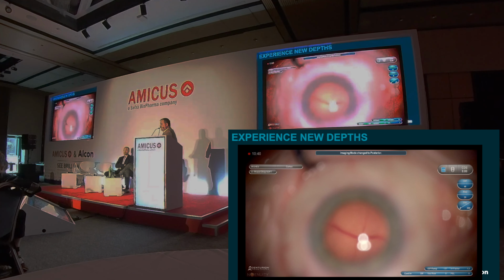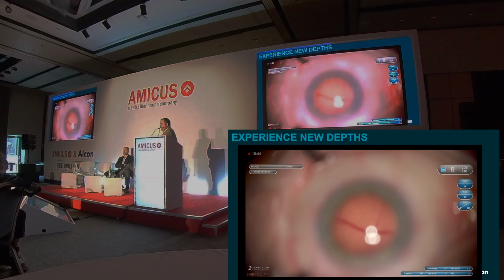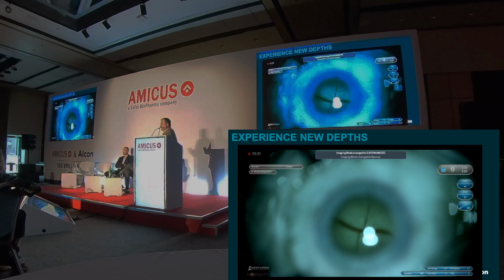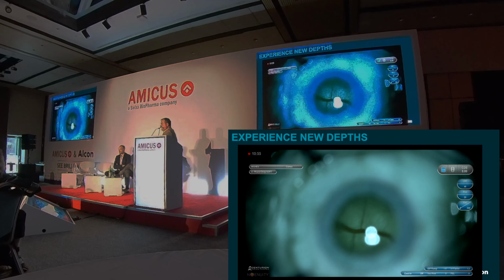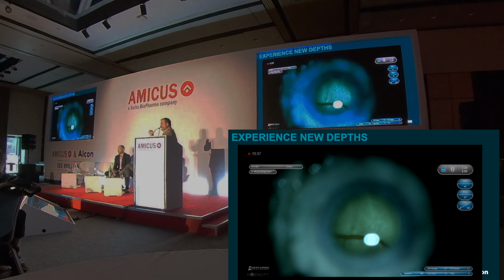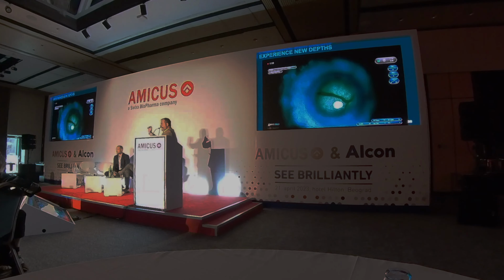So just to show the depth of focus abilities of the Ngenuity system, here you can see a vessel on the retina directly through the microscope without any contact lens, biome, or something like that. What is important to note is that Ngenuity adds a depth of field effect over the already existing depth of focus capabilities of the microscope.